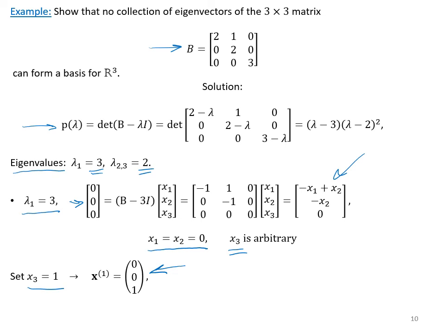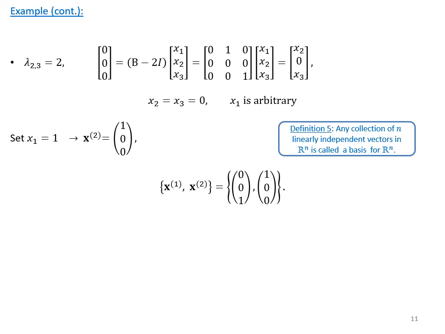Now let's consider lambda equals 2. We construct a system of linear equations as in the previous case for lambda 2. From this system we can immediately get that x2 and x3 equal 0 and x1 is arbitrary. By setting x1 to 1, we can get another eigenvector.